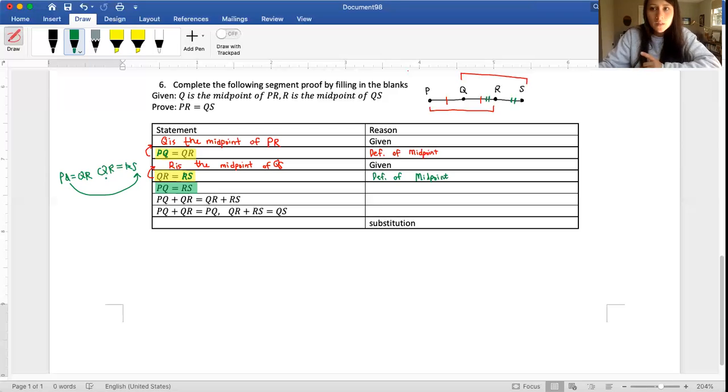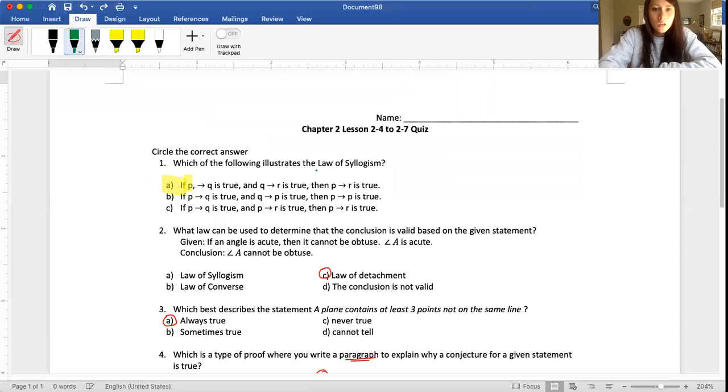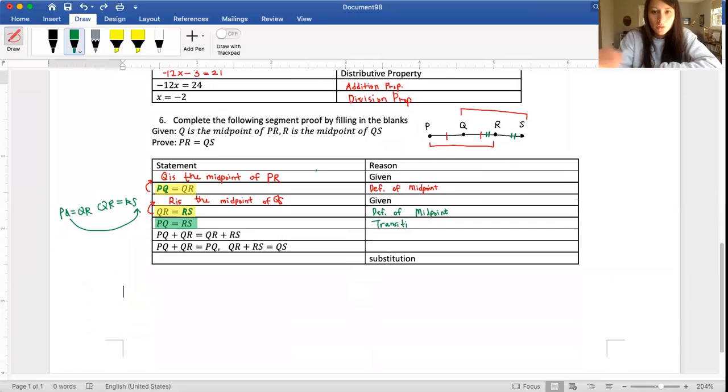Now, it's not the law of syllogism, because remember we talked about we don't use the law of syllogism in proofs. This is the transitive property. Spelling it all wrong, am I? Oh, let's go back down. Transitive property.